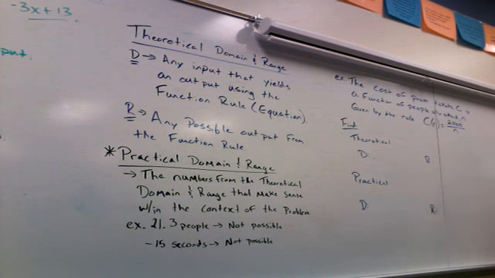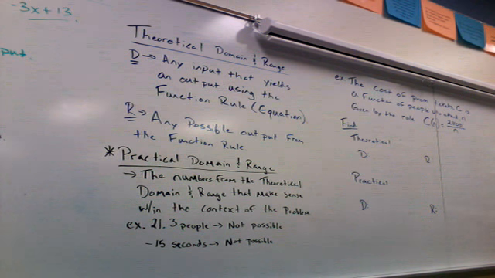Theoretical. What does theoretical mean? Theoretical domain. Anything we can plug in that gets us an output, right? It doesn't worry about all these sentences, just the equation. What can I plug in for N and get an output? I can plug in 1. I can plug in any number? No. Well, you're on the right track, except for what, Matt? 0.